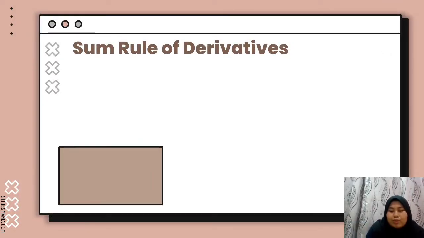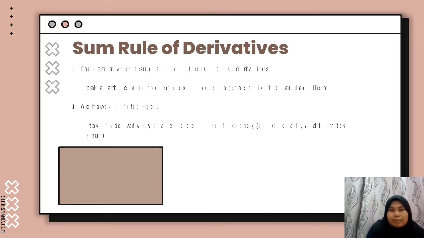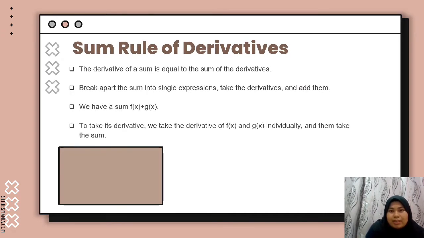Now, we will look into the sum rule of derivatives. The derivative of a sum is equal to the sum of the derivatives. To take the derivative of a sum, you break apart the sum into single expressions, take the derivatives and add them. So we have a sum of f(x) plus g(x). To take its derivative, we take the derivative of f(x) and g(x) individually and then take the sum.